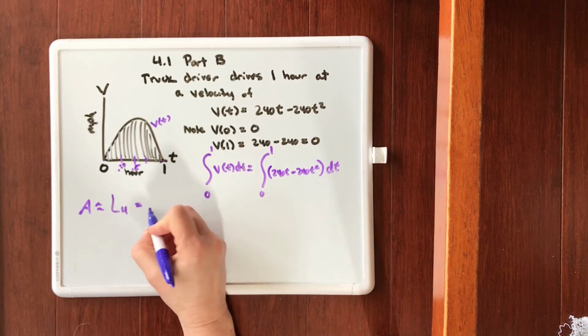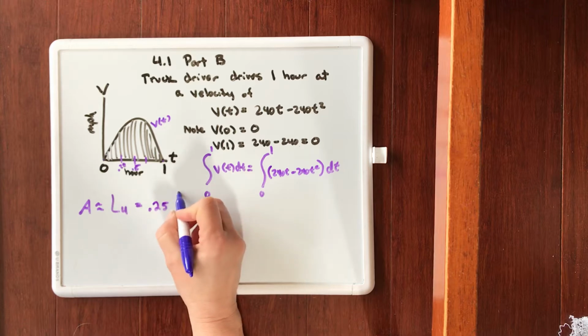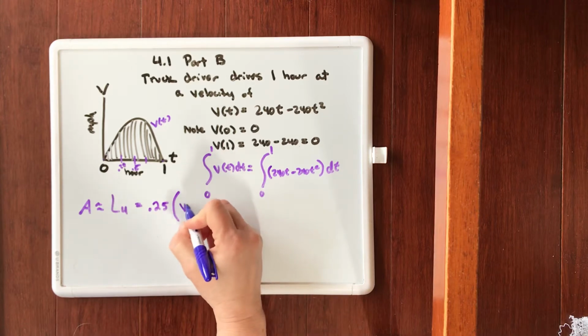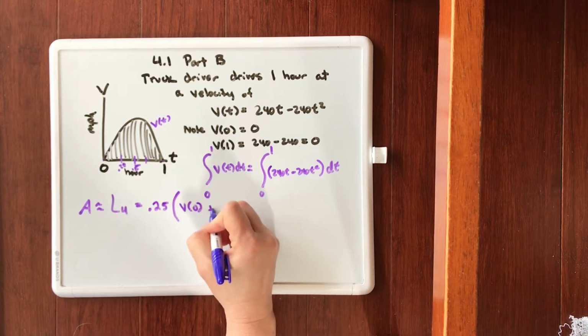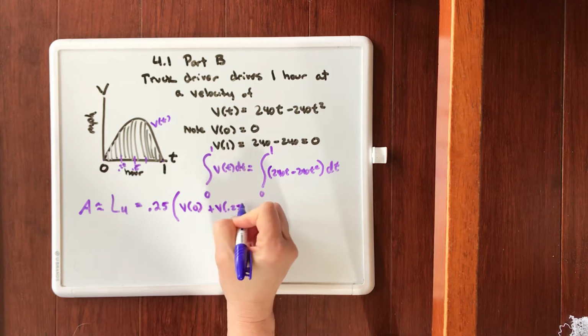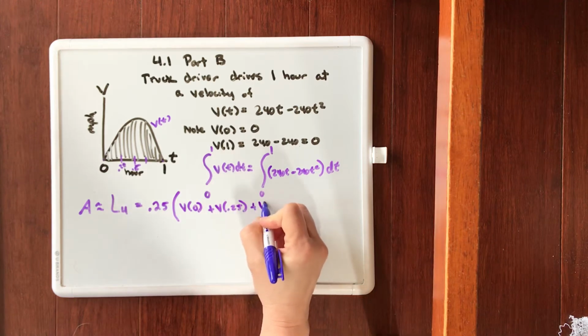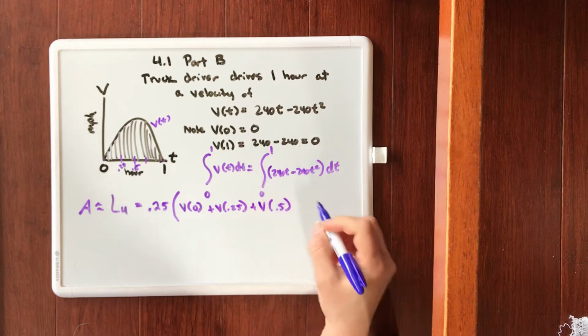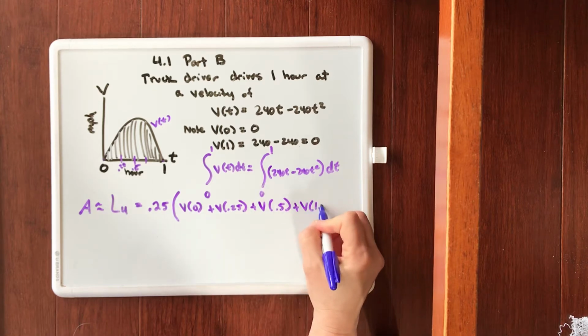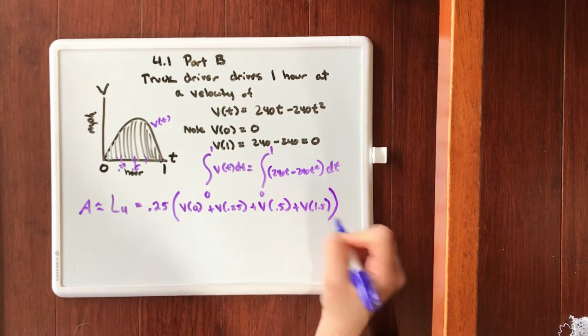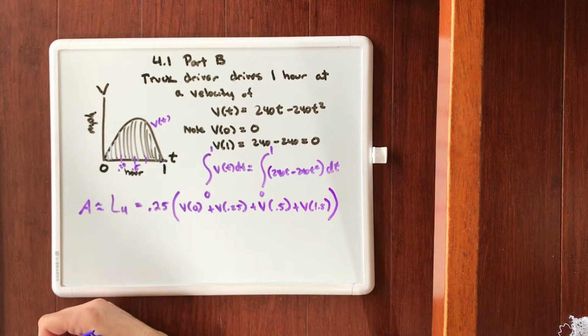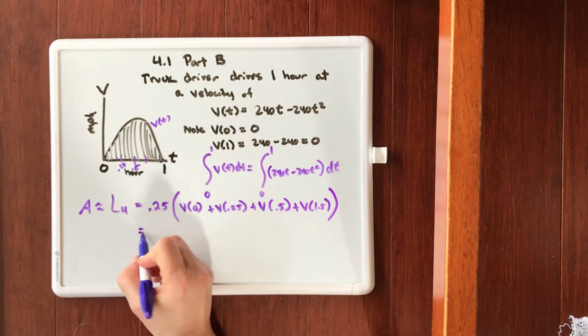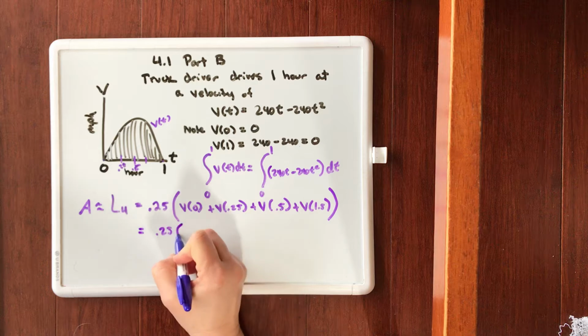Our delta x is 0.25. And then we have v of 0 plus v of 0.25 plus v of 0.5 plus v of 1.5. So in doing that, we get 0.25.